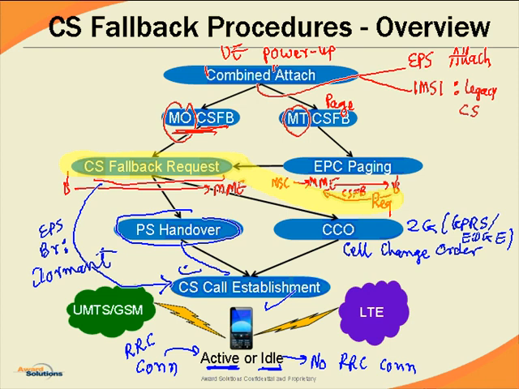So let me ask you a question. In LTE, when the UE is in the idle mode, the MME knows the UE location with what granularity? Okay. Do we know the cell number? What do we know?